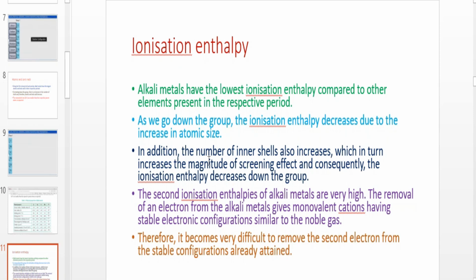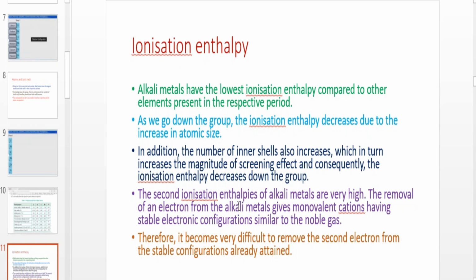So the nucleus cannot hold the electron found in the outermost shell. That's why we can supply little energy to that atom and convert the atom into an ion. That's why as we move down the group, the ionization energy decreases.